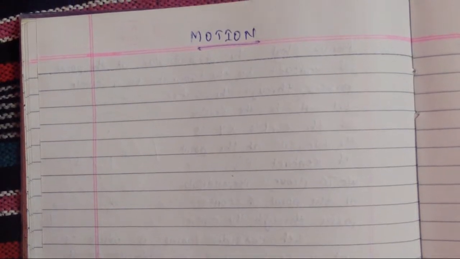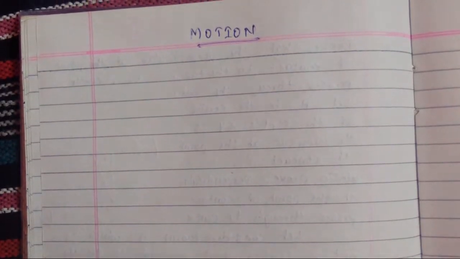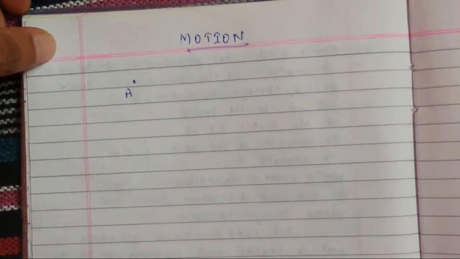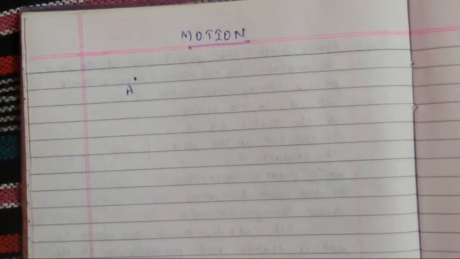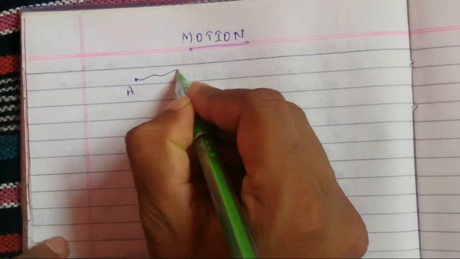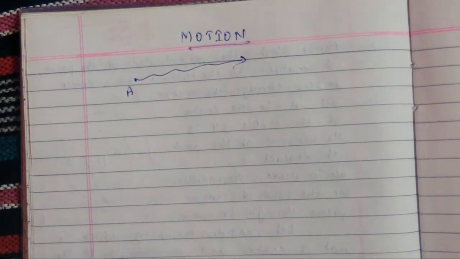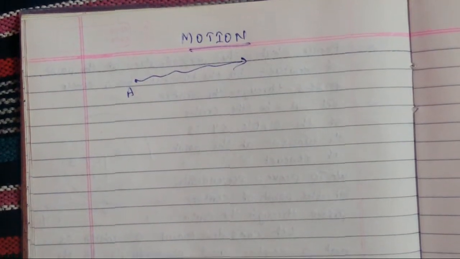First, define motion. The first question that arises in the chapter motion is, what is meant by motion? For example, if you consider an object A at a particular point, then by the application of force, the object will move from one place to another. It may move in a straight line or in a curved line, depending upon the applied force.